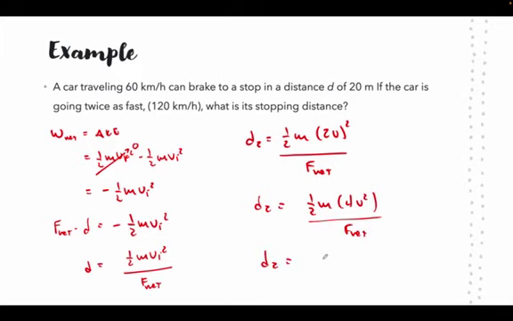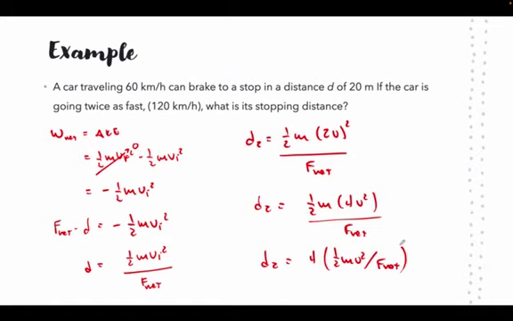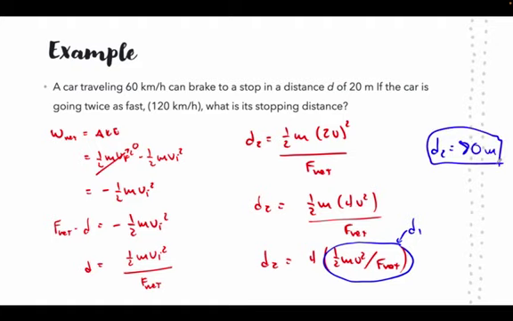So distance 2 is going to be equal to 4 times 1/2 mv squared over f net. And this quantity right here in parentheses is our initial distance of 20 meters. So that means that if we double the velocity, then we are quadrupling the stopping distance.